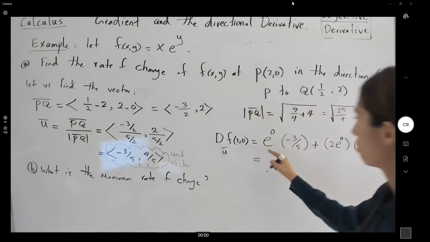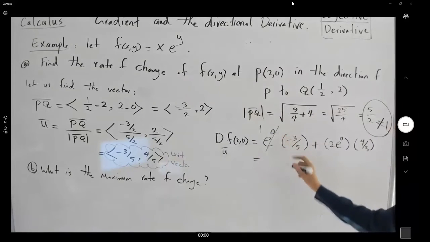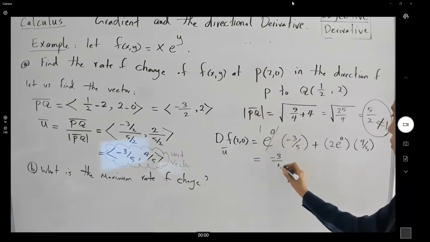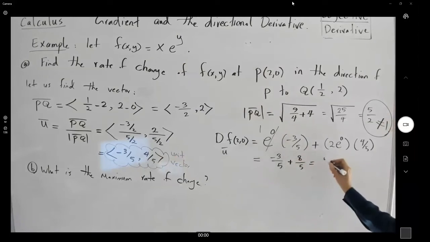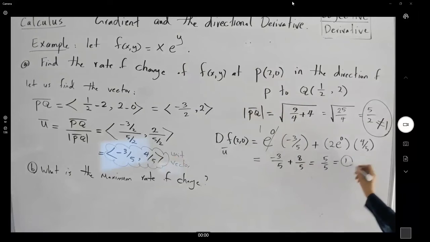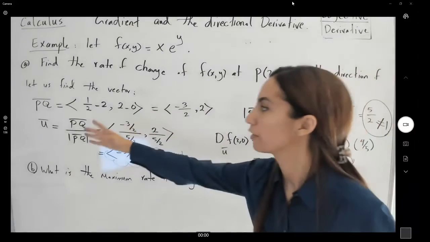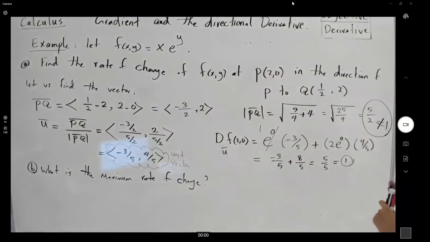So this is just 1, negative 3 over 5 plus 8 over 5, which is 5 over 5, or 1.